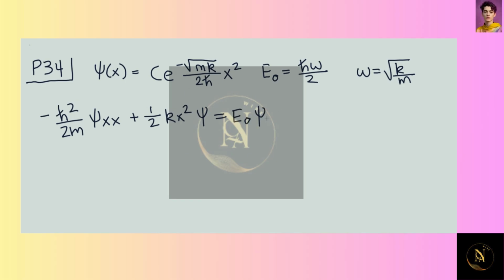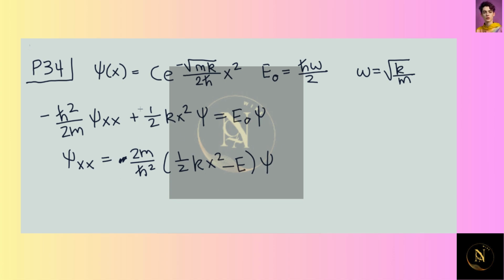One way that's suggested in the chapter is to reformulate this into the form psi double x derivative equal to positive 2m over h bar squared, times 1/2 kx squared minus E, times psi. So this is just a little bit of a simplification.